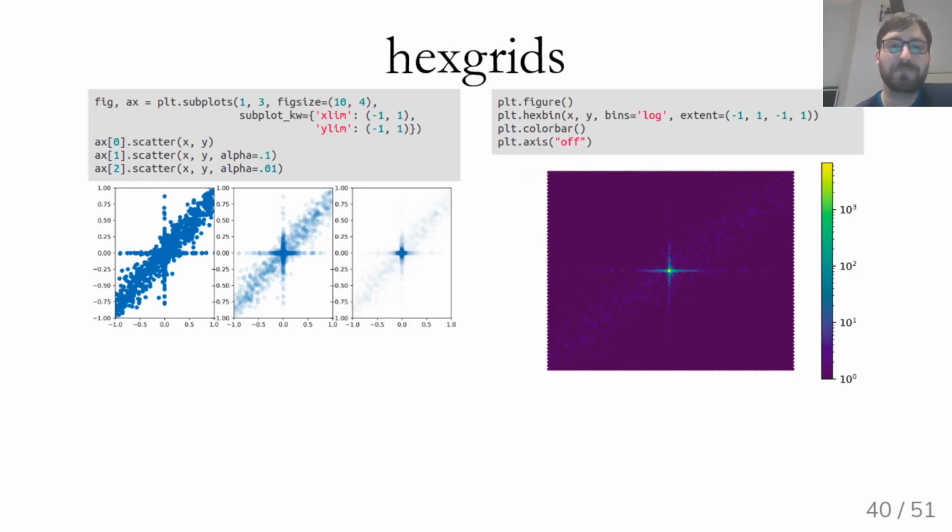So basically I did this 2D histogram on this honeycomb pattern, and then I took the log of the densities and plotted that. What you can see here means that the center point has about 10 to the 4 points, and everything else has about 10 points at most.